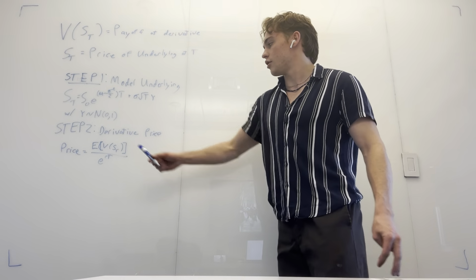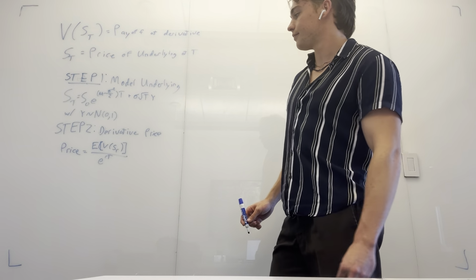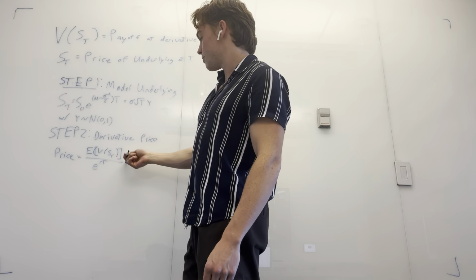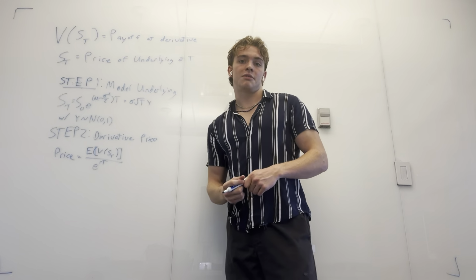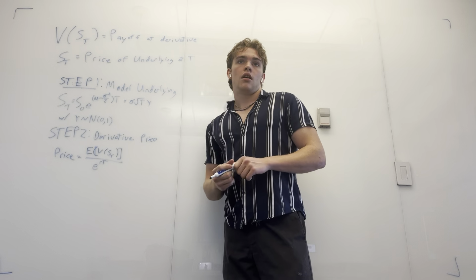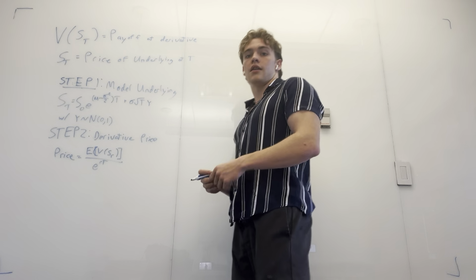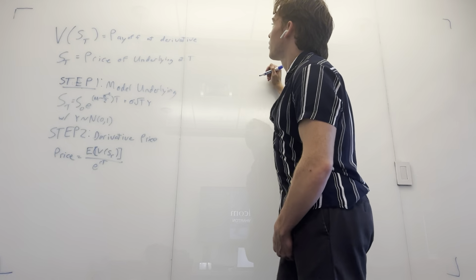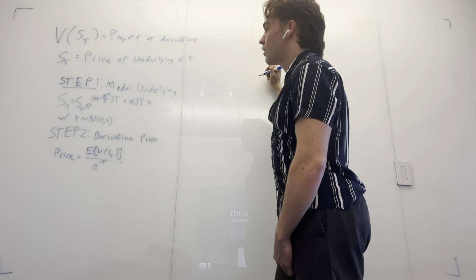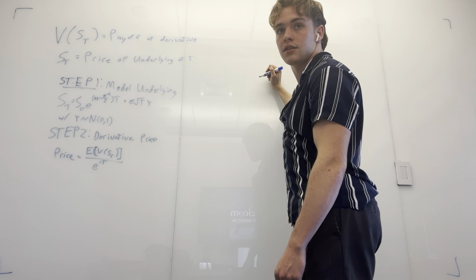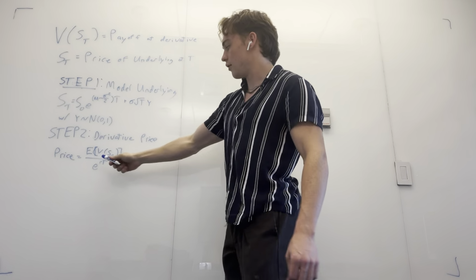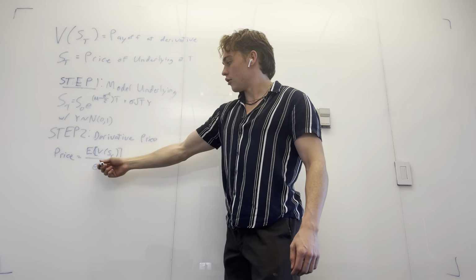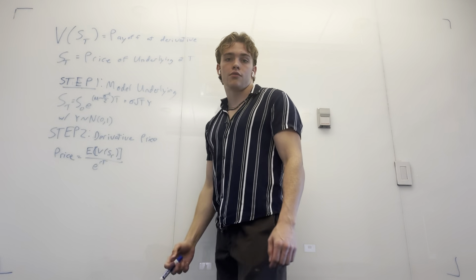So essentially we're going to do one trick here. We're not going to be taking the normal expected value. We're actually going to be taking the risk neutral expected value. And if you haven't seen it, the risk neutral expected value basically allows you to make the assumption that our R here is our risk-free rate.